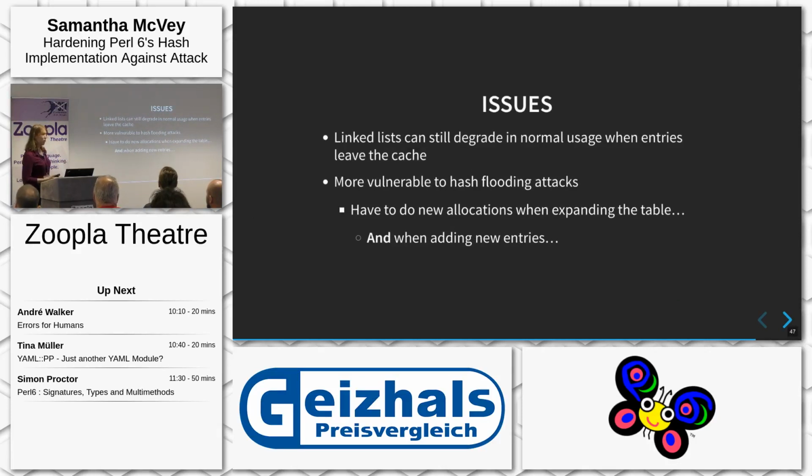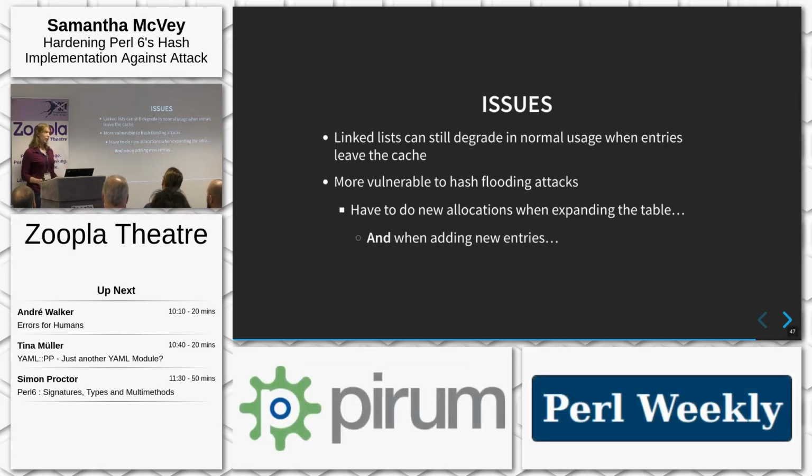So what are the issues with linked lists? Because we talked about all these attacks and issues. They attack certain components of our algorithm: the hashing implementation, not revealing the order in memory, trying to make sure that all the bits of our hash value are used, etc. Linked lists can still degrade in normal usage when entries leave the cache.